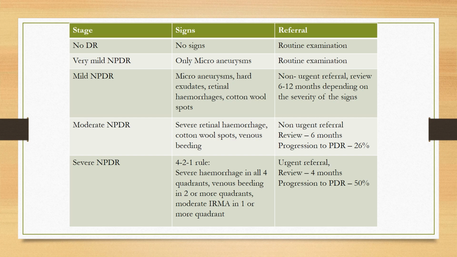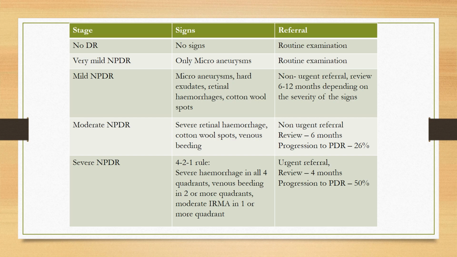Very mild non-proliferative diabetic retinopathy is the starting stage where you get only microaneurysms. Whenever you see only microaneurysms in the retina, it is at the stage of very mild NPDR, where you can treat with just better glycemic control. Then comes mild non-proliferative diabetic retinopathy, which can be found with signs of microaneurysms plus hard exudates.